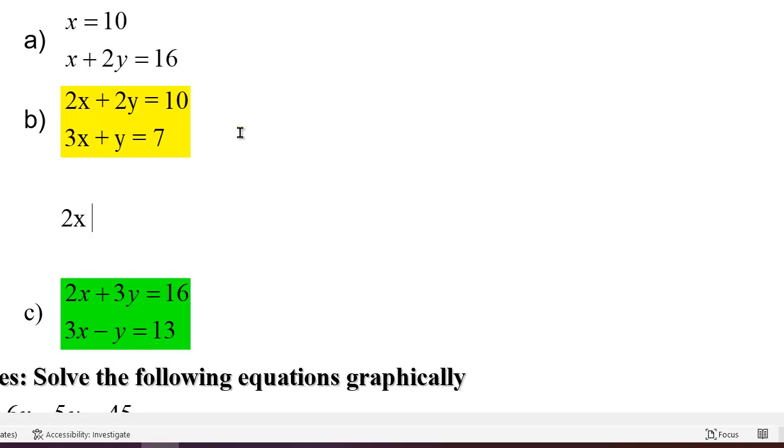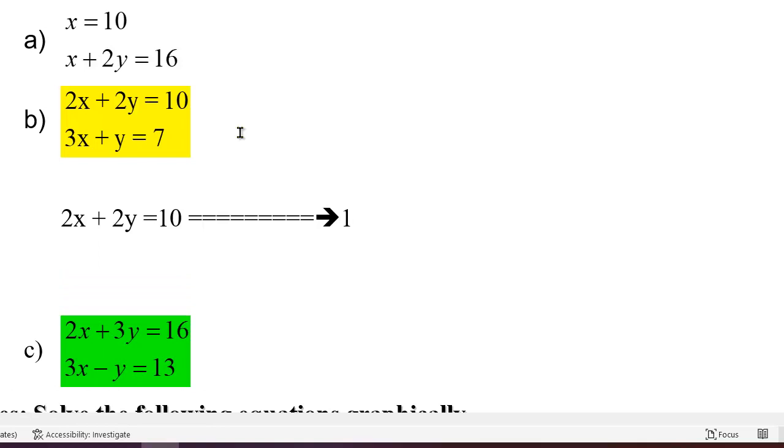We have 2x plus 2y equals 10, and we can call this equation number 1. And the second is 3x plus y equals 7, and we can name this equation number 2.